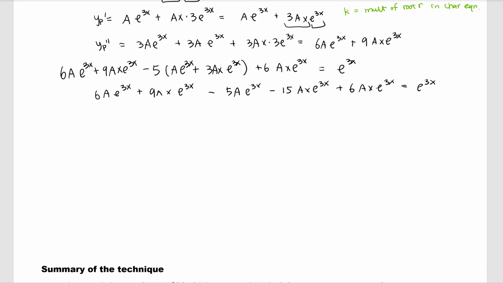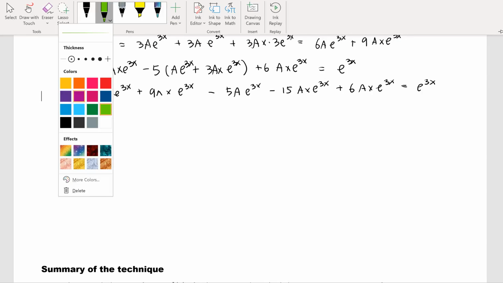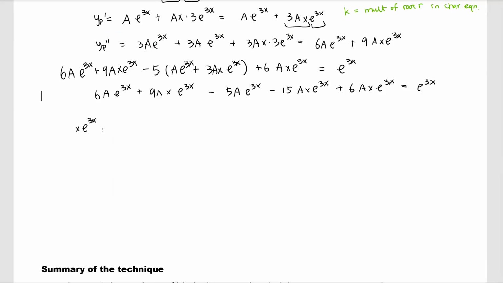So let's look at the coefficients of x e to the 3x. We have this guy, 9a, this guy, minus 15, and this guy, 6. And then on the right hand side we have no such term, so 0. Is that true? Yes, this is always true.